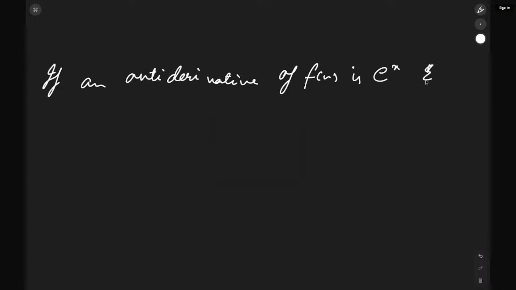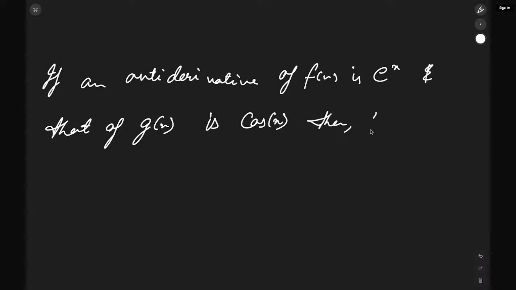The question is, if an antiderivative of f(x) is e raised to the power x and that of g(x) is cos of x, then the integration of f(x) cos x dx plus the integration of g(x) e raised to the power x dx is equal to what?